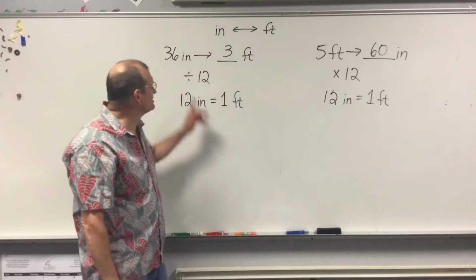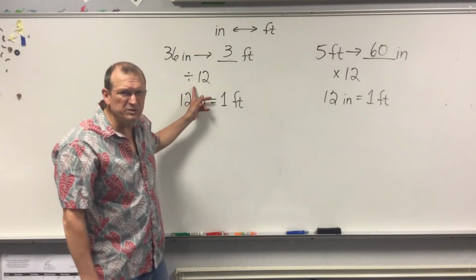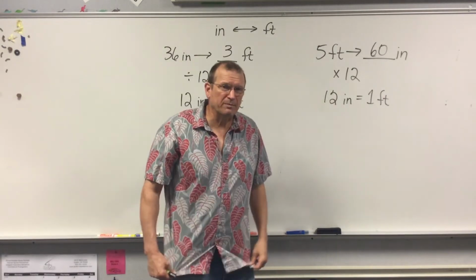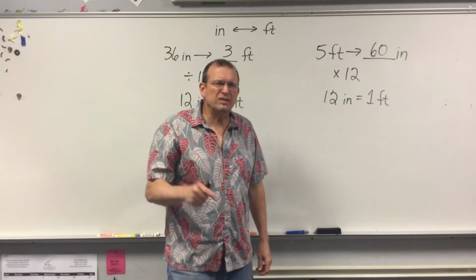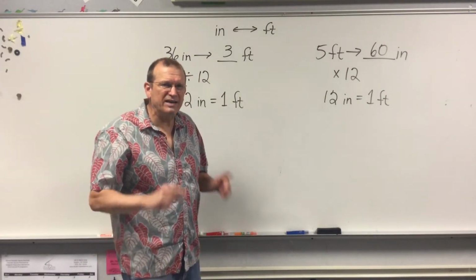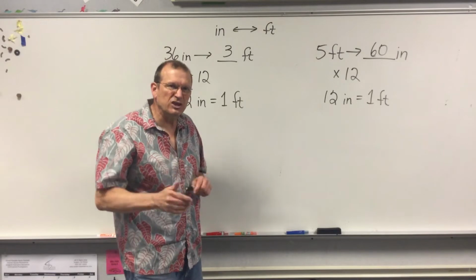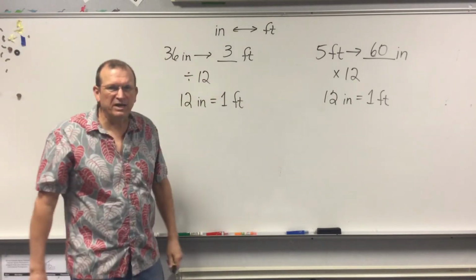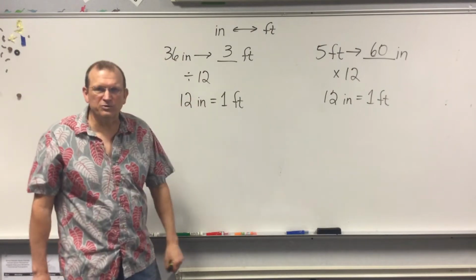But the problem is, in one case you divided by the 12, and in another case you multiplied by the 12. So simply saying, well, I did that because there's 12 inches in 1 foot, that is not a clear justification for why you multiply or divide by 12, depending on what you're doing.